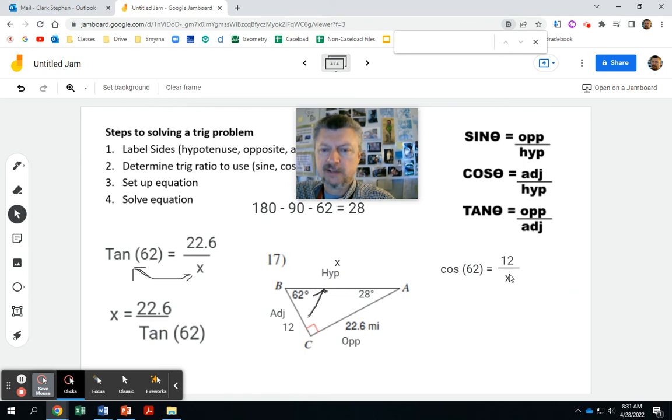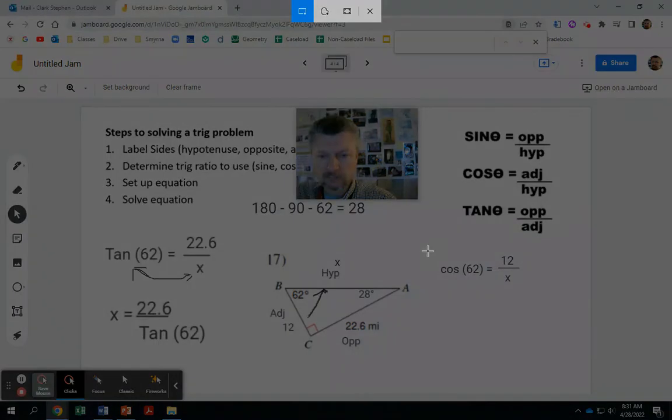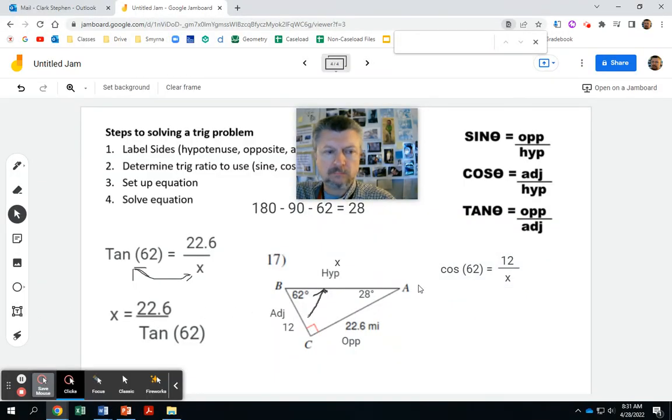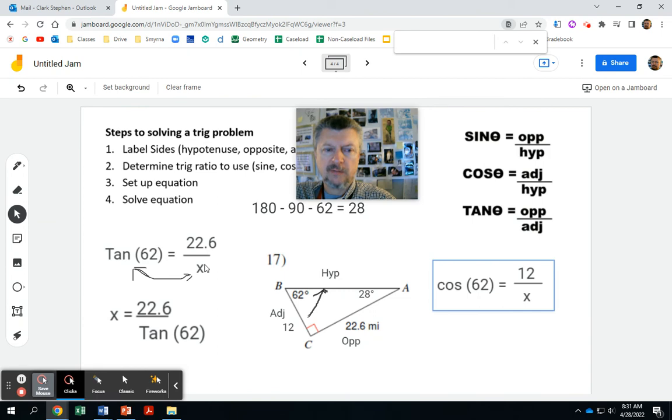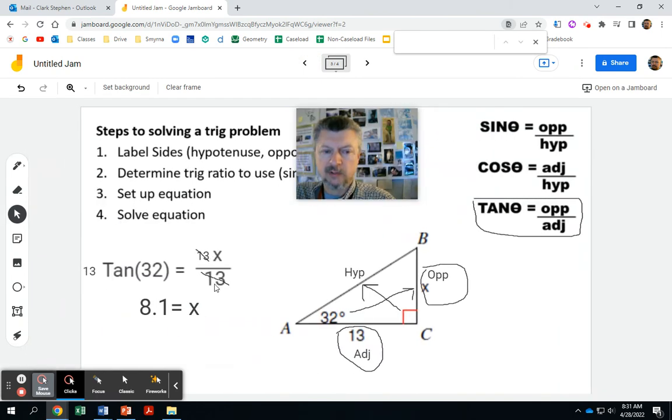Okay, so it looks like X is on the bottom of the fraction again. So we are going to need to swap them like we did in the other one. Let me make that a little larger. Okay, there we go. Now remember, if it's on the bottom, you swap them. If it's like this one, right, you would divide by whatever's on the bottom. Or sorry, multiply.